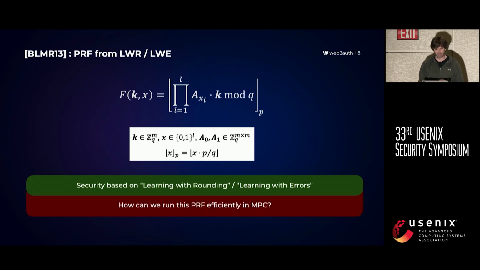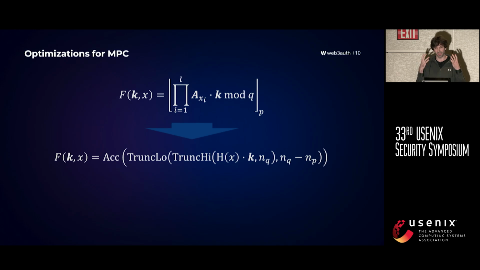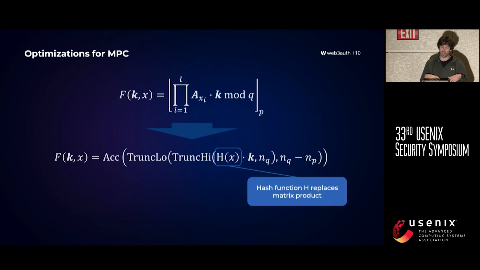Yeah, so let's see what we can do to actually make this concretely efficient. Basically, we did a few optimization steps to make this work. The first one is very simple. This matrix product that you see in the middle is for mapping the public input X, which would be the user identifier, to a random matrix.